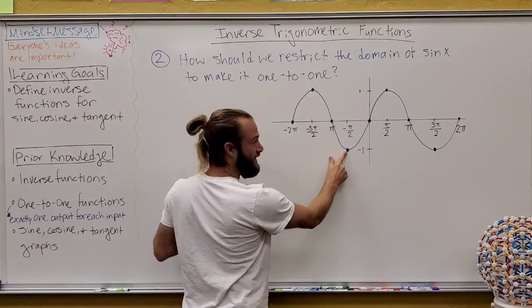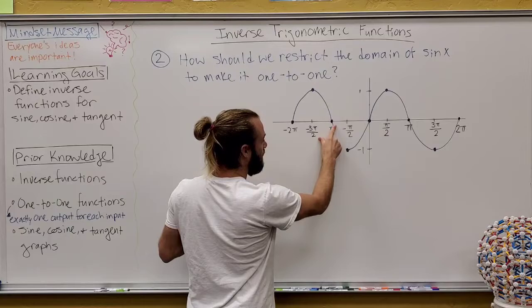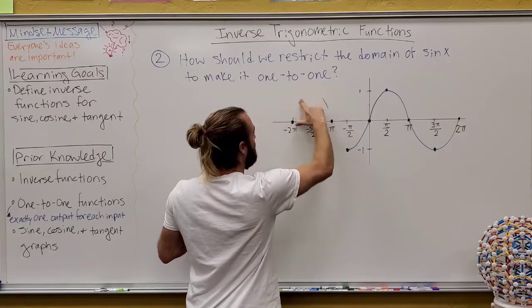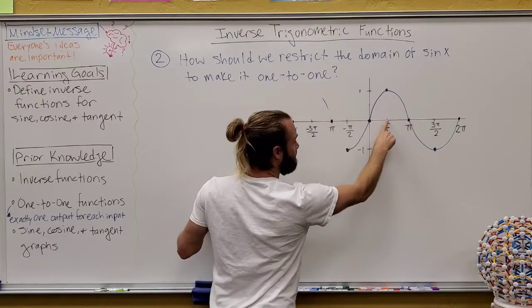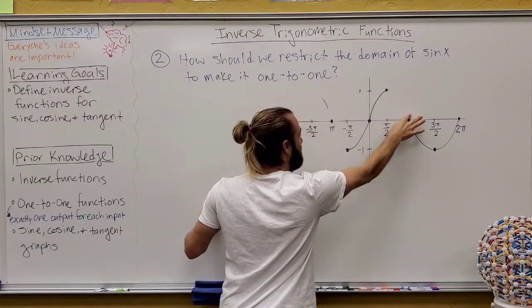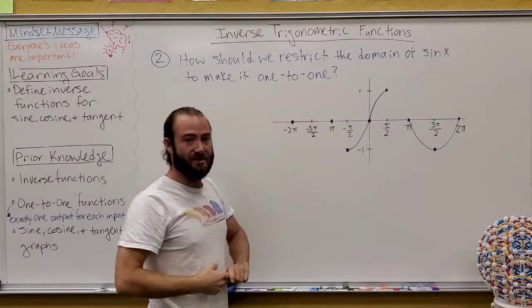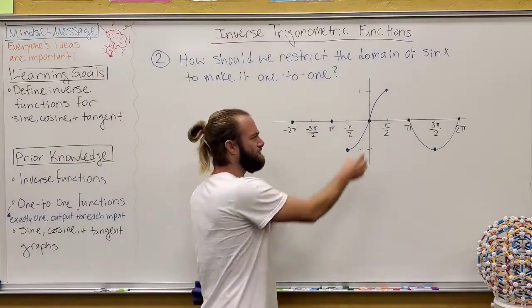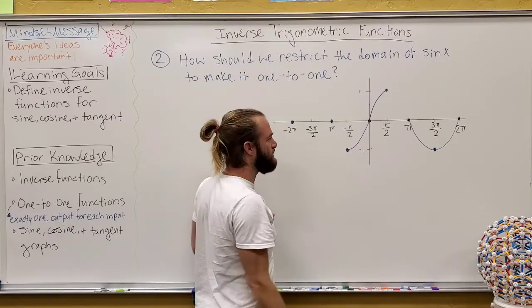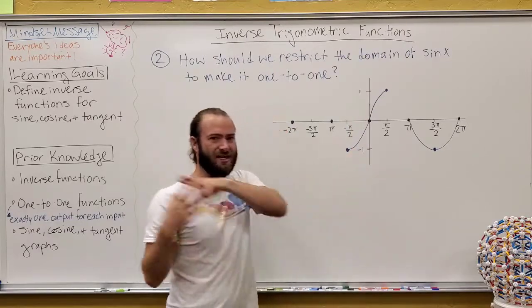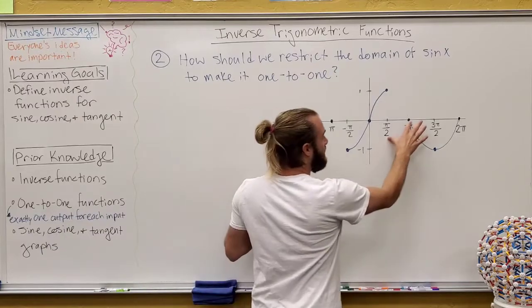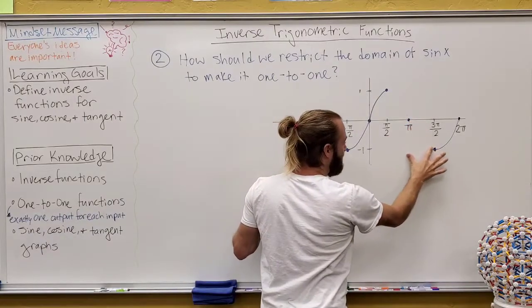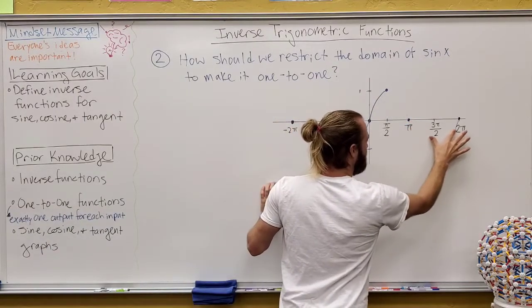So from here, negative pi over 2, all the way to positive pi over 2 is the only space that we could keep that's near the origin. I guess that's why we've chosen this. And it also helps because it makes sense within the unit circle context. So that sine is still a function.